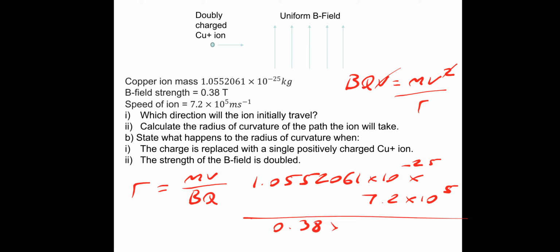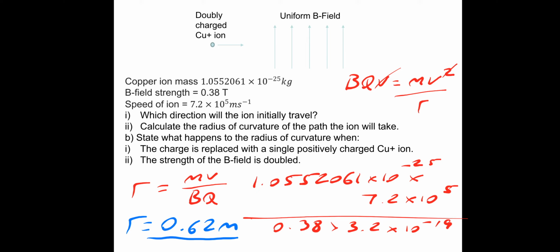Now it's a doubly charged ion, so that would be 2 times the charge of an electron, which is 3.2 times 10 to the minus 19 coulombs. So that gives a radius of curvature equal to 0.62 meters. Hopefully that's okay. Write the full number down.